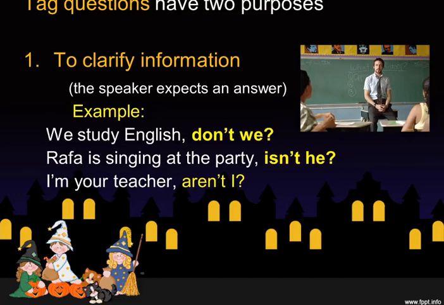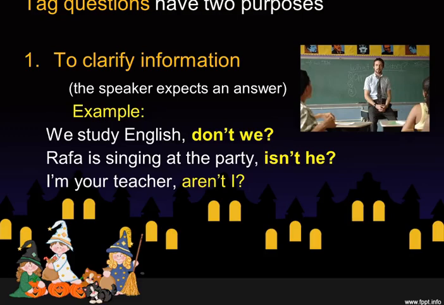Then why is he asking this question? In order to have a confirmation or to clarify information. He does not want an answer from the students. I think you might have understood what I have been stating here. We study English, don't we?